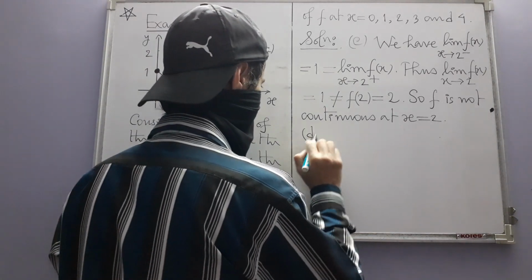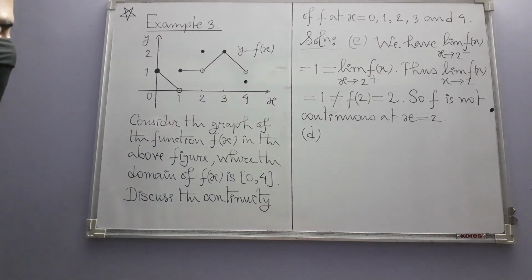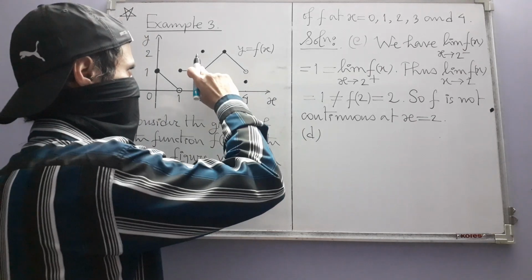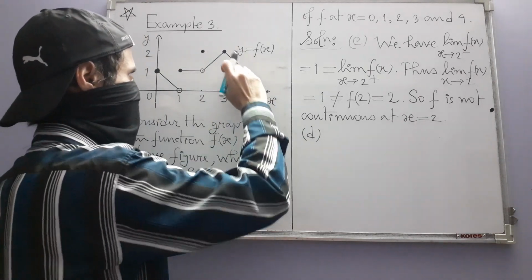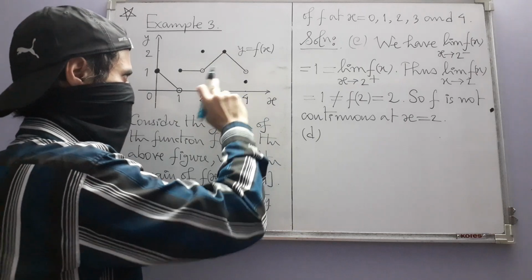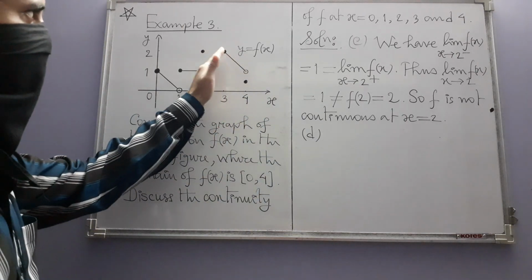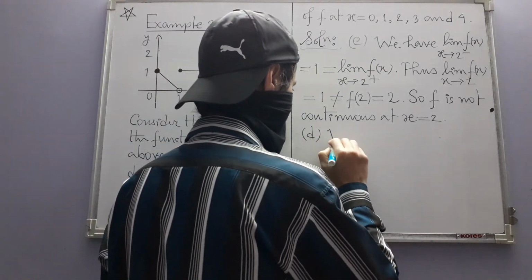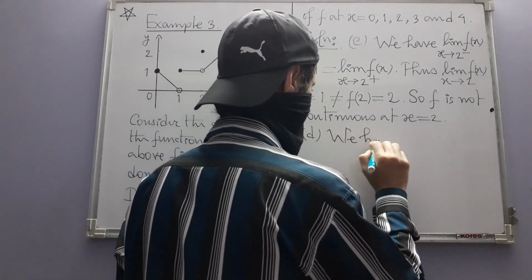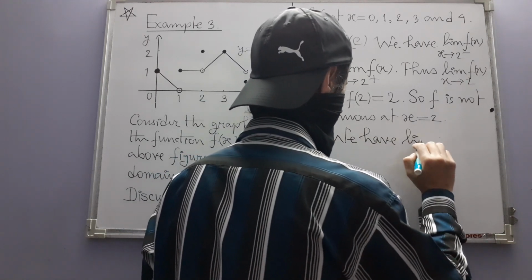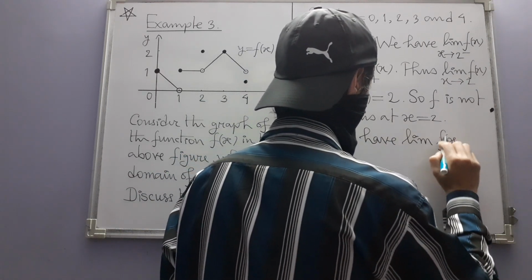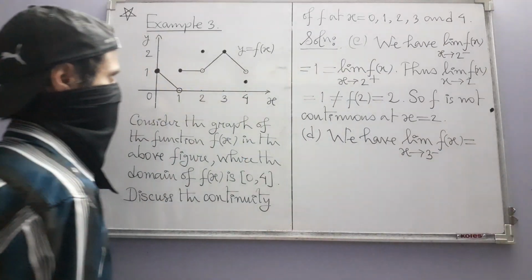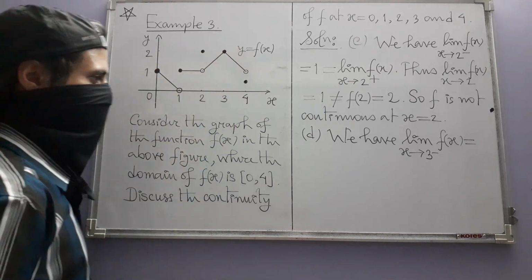Next comes the point 3. At 3 the function will be continuous, and you can see that in spite of having this sharp turn, the graph is nevertheless at 3 and around 3 it is in one piece. More rigorously, we have the left hand limit at 3, what is it? 2.